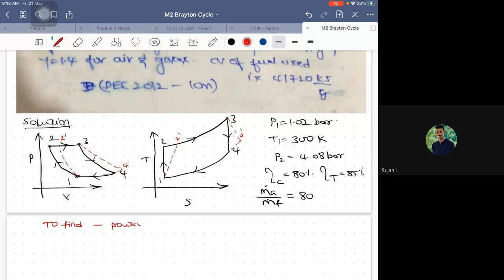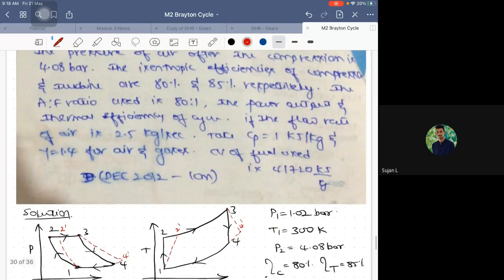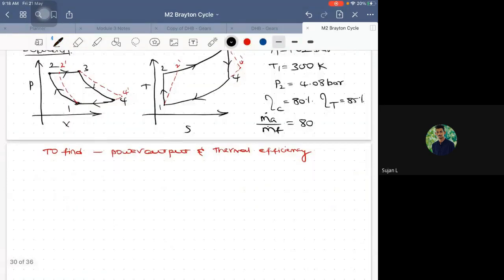So these two things we need to find. Now, the flow rate of the air is also given, which is 2.5 kg per second.